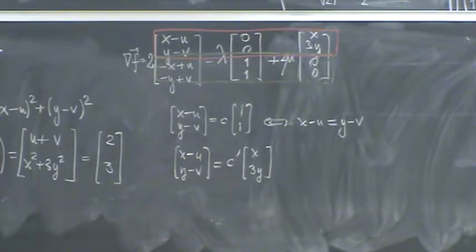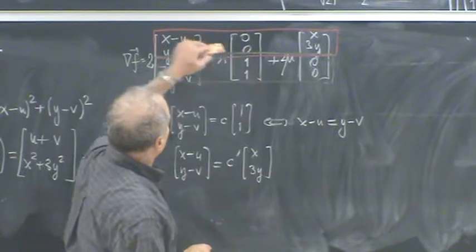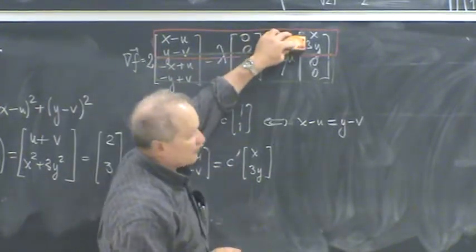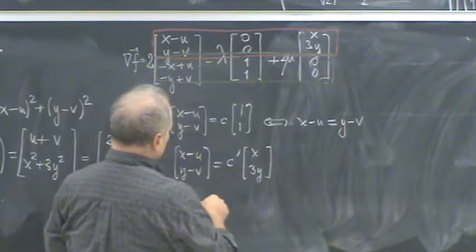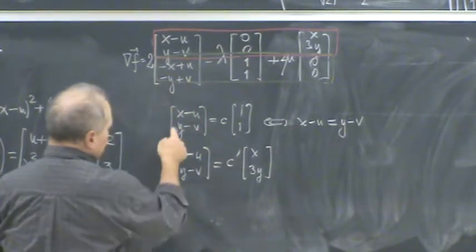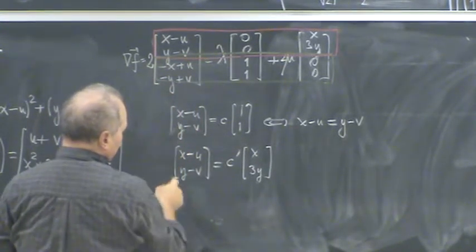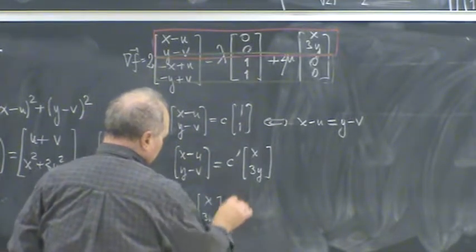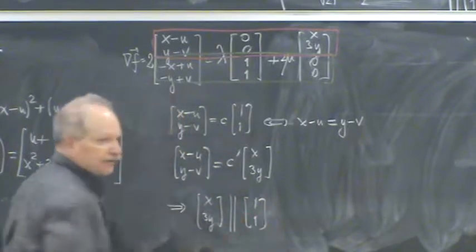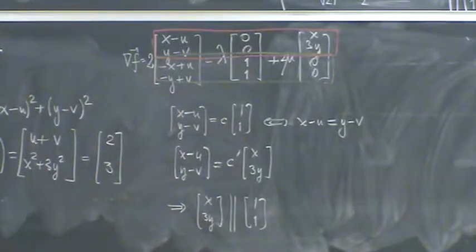So we know x, 3y, because of the zeros here, this vector is a scalar multiple of that vector, which in turn is a scalar multiple of 1, 1. So x, 3y has to be parallel to 1, 1, so x equals 3y.